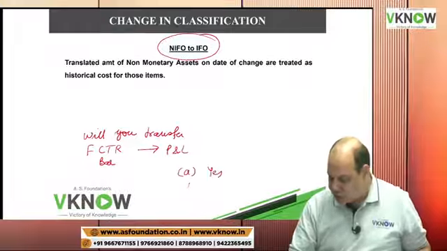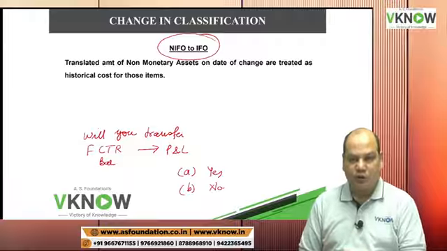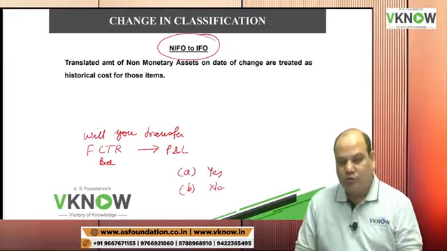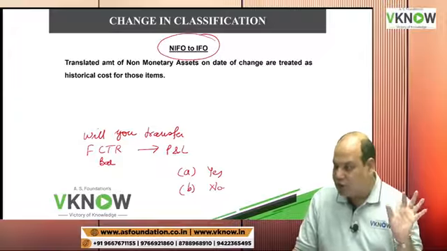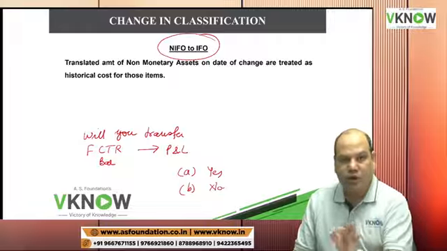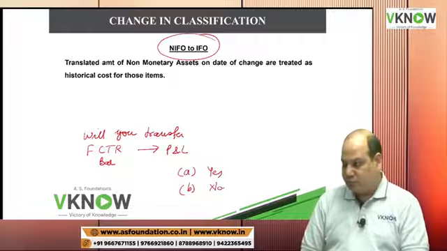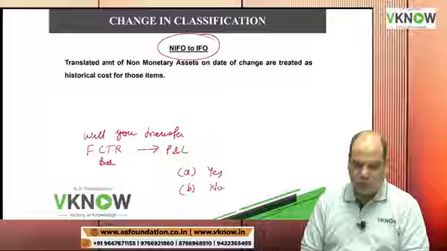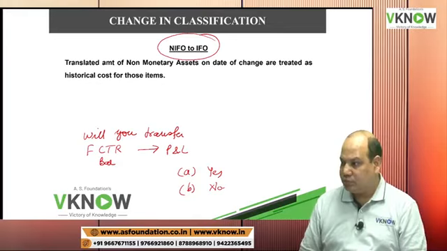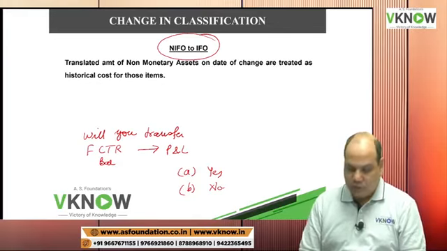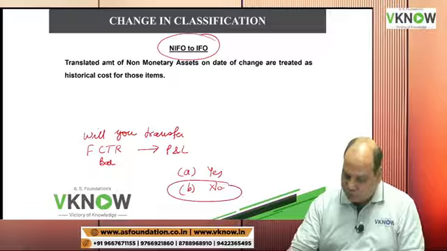Only two answers are possible, yes, no. When you are reclassifying foreign operation from non-integral to integral, there must be some balance lying in FCTR. Will you transfer it to P&L account? Yes or no? Please guess. The answer is no.